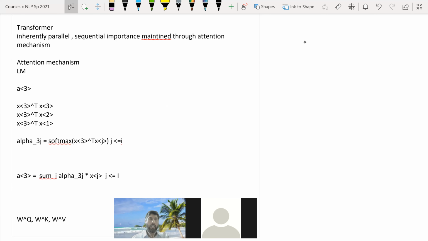So we have now added 3 matrices as parameters. And the idea of these matrices is to modify those inputs, X1, X2, and X3 in 3 different ways. And those 3 different ways, we actually call them roles. And then we use those roles to compute our final attention output.